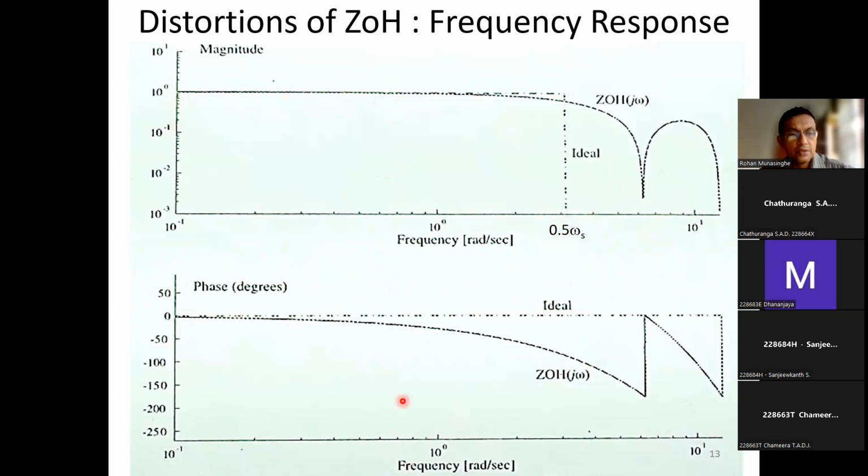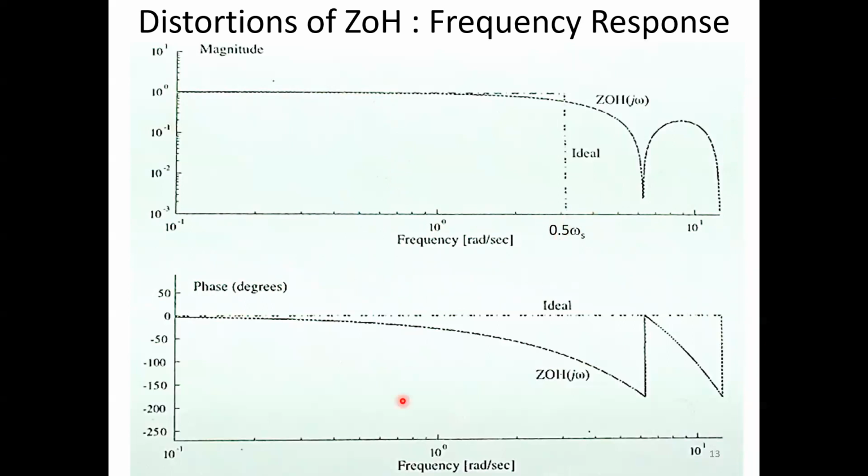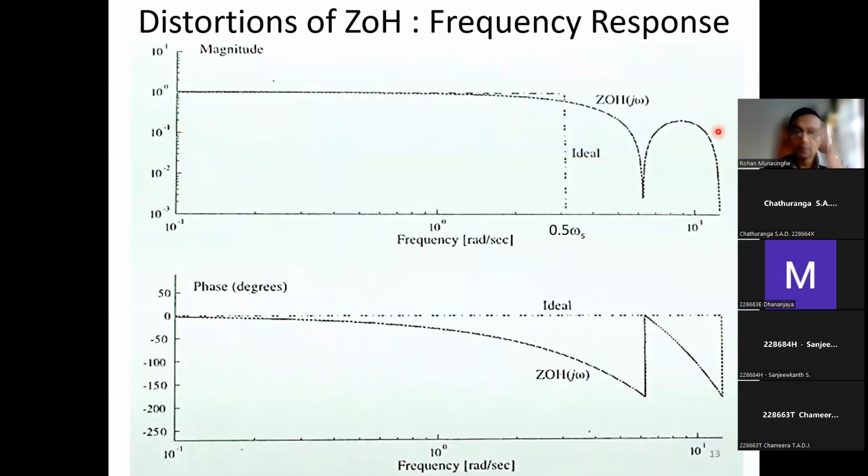All right. So this is half of the sampling frequency. Let's say we have 20 hertz sampling.